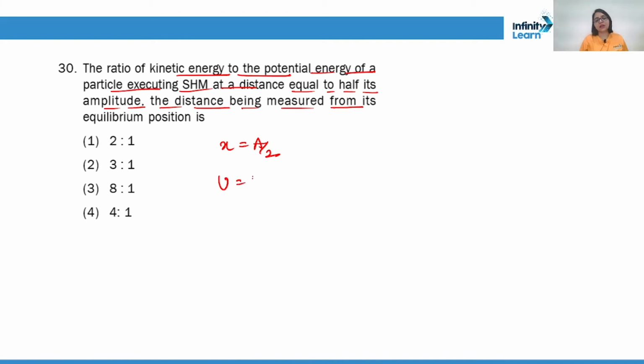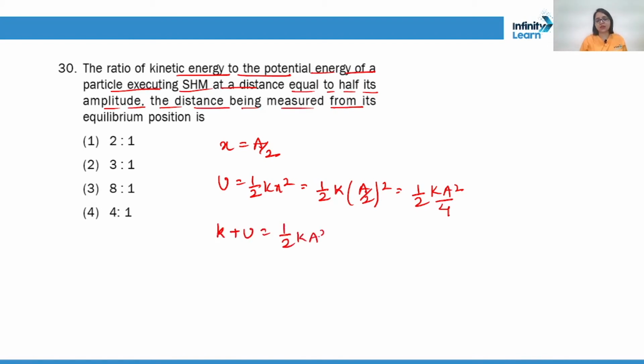So U is half k x square. So it will be half k into a by 2 whole square, which is half k a square by 4. Now, total energy is half k a square, right? So kinetic plus potential will be half k a square. So kinetic will be half k a square minus potential, which is half k a square by 4.